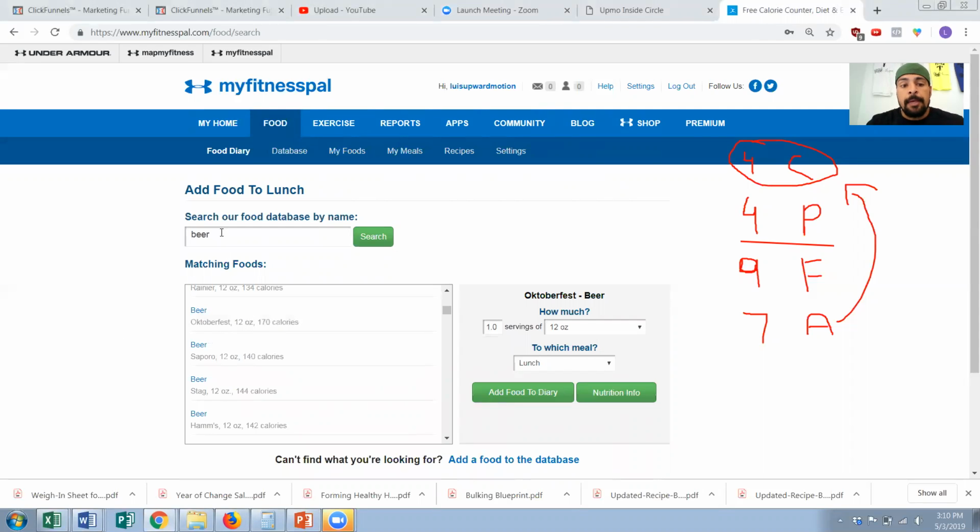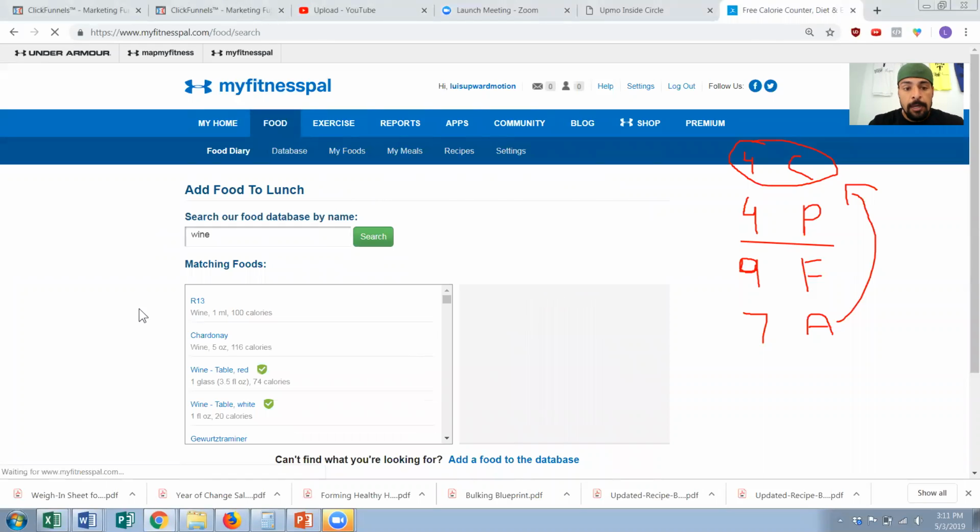That's going to mostly be carbs, and it also includes alcohol. It's the same with wine, and with wine, we never drink just 5 ounces. I can trust you that you're going to be getting a lot more than a glass of wine.